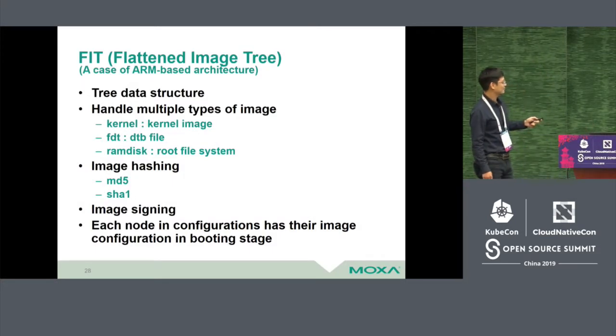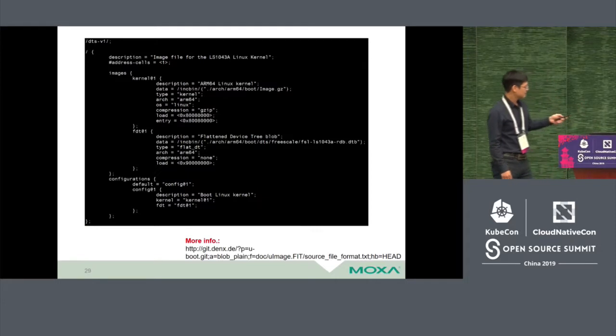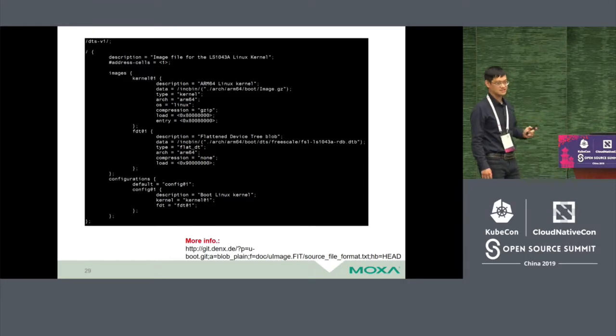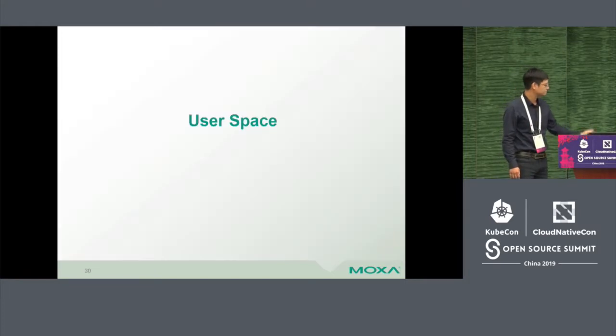In ARM-based systems, we can use FIT, the flattened image tree. This format can support devices with different kernels and different applications. As you can see, this is an example. You can list your image here and another image below. So we can have multiple kernels and multiple file systems in the same product, and we can configure this product to fulfill the target application.